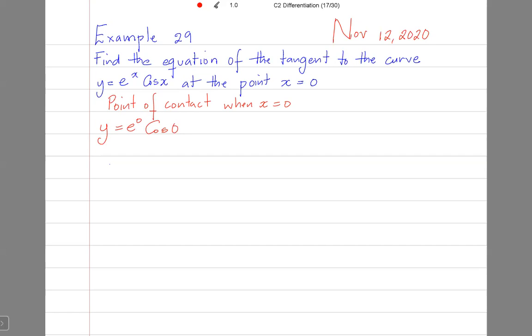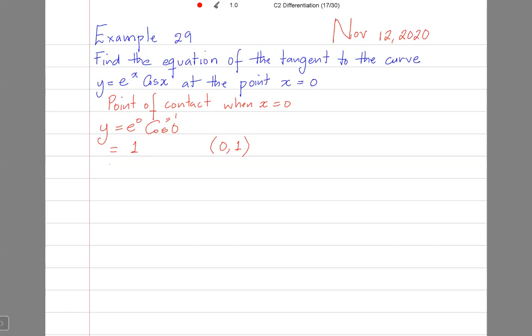Now, the cosine of 0 is positive 1, and e to the 0 is 1. So this is 1 multiplied by 1, which is 1. So the point of contact is x is 0 and y is 1.